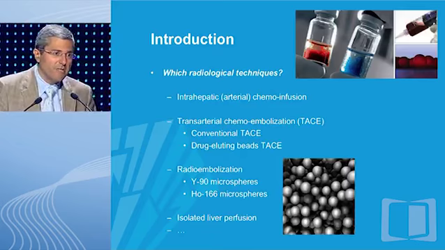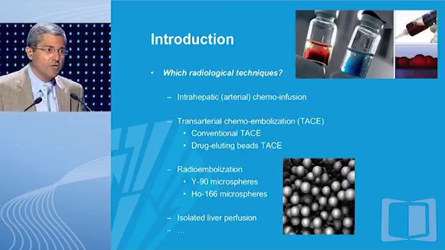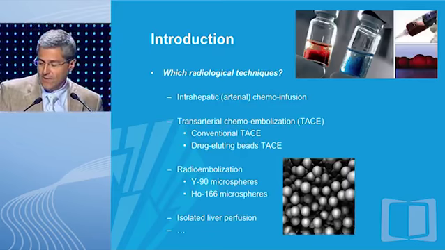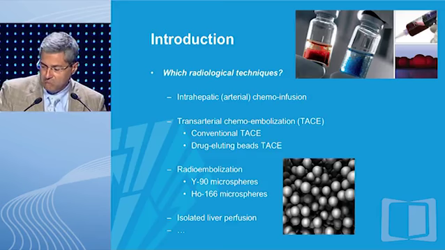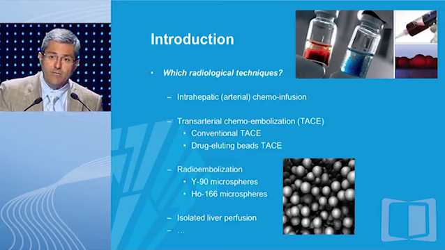Now, what are the radiological techniques or tools we have today? Well, from a historical point of view, first of all, we had the intrahepatic or intra-arterial chemoinfusion of different drugs directly into the hepatic artery. Then we had the transcatheter arterial chemoembolization, which means that we not only inject drugs, but we also add some embolic agents.